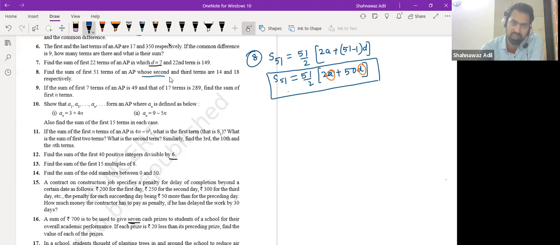An AP whose second and third terms are 14 and 18. So what are these things? What is 14? The second term and the third term. So how do we represent the second term?